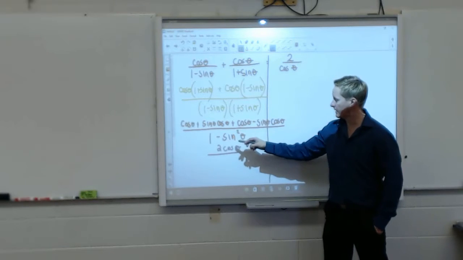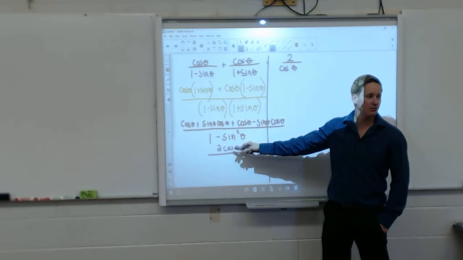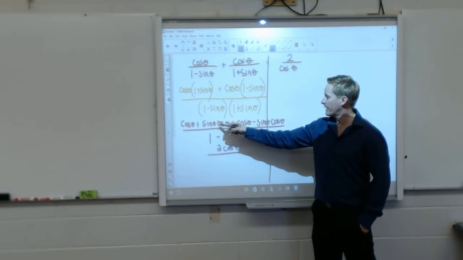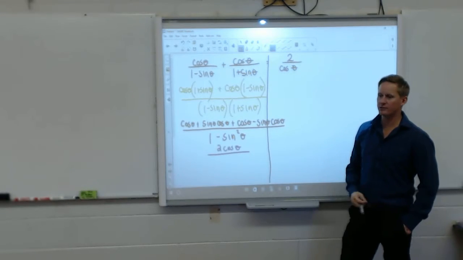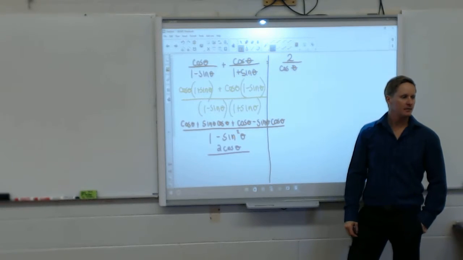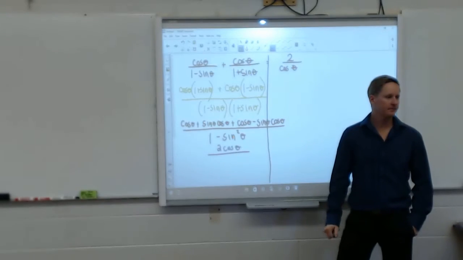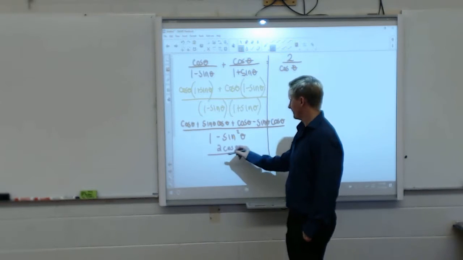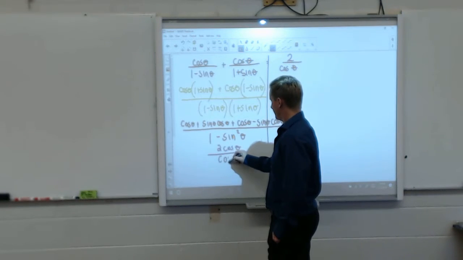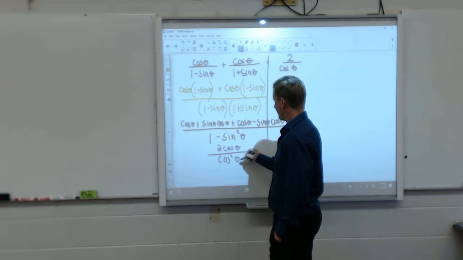Cos theta and cos theta make 2 cos theta. Sine theta cos theta minus sine theta cos theta is what? 0. So what is 1 minus sine squared theta? Very good. Cos squared theta.